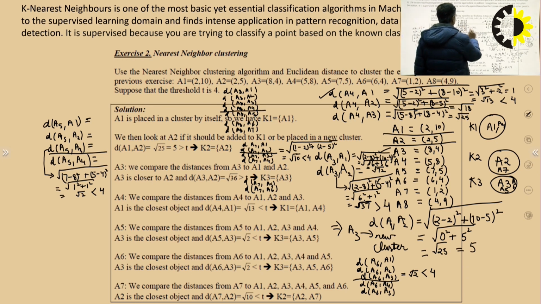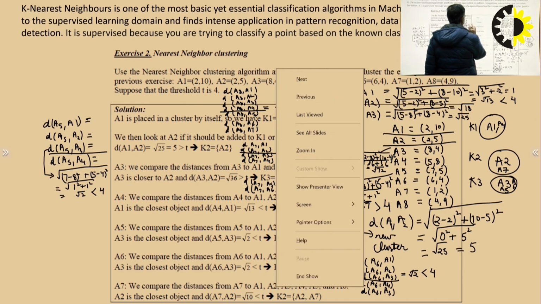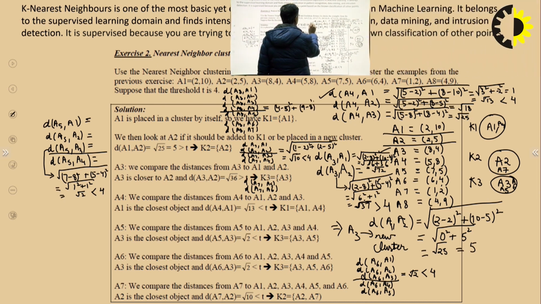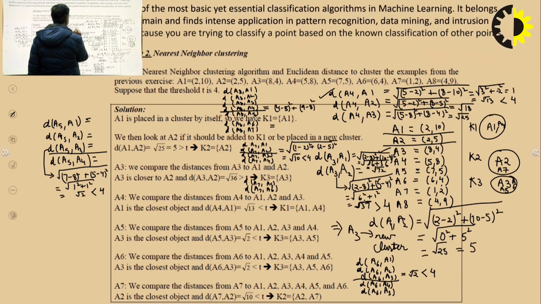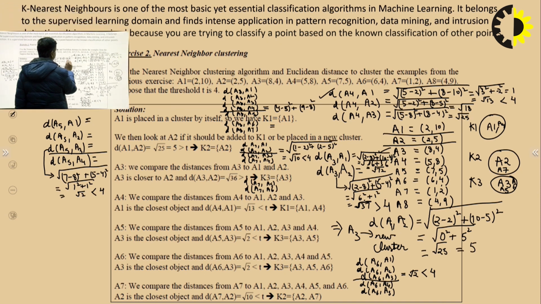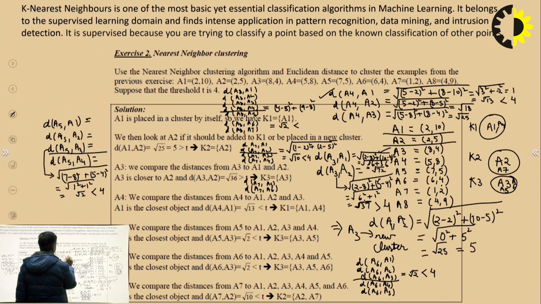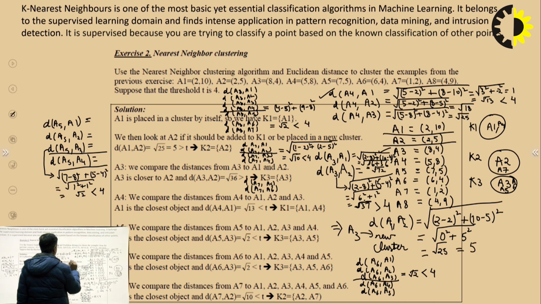The distance between A8 and A4 is 4 minus 5 whole square plus 9 minus 8 whole square, which comes out to be 1 square plus 1 square, which is root 2, and this is less than the threshold of 4.